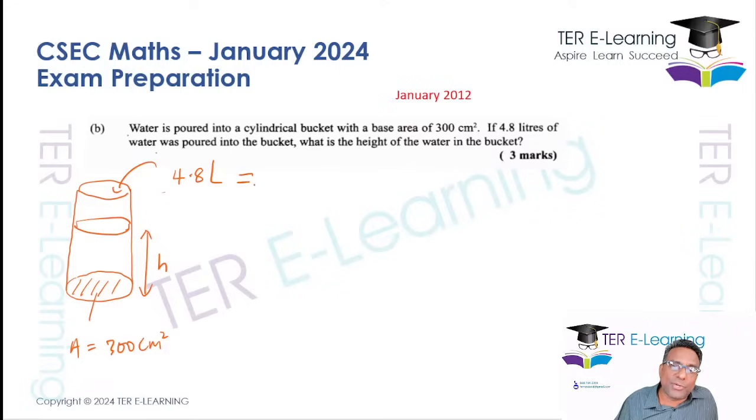Now let me ask you all a question. 4.8 liters, how many cm cube is that? That's the first thing I need to know. How many cm cube do I have in 4.8 liters? What do you all think is the answer for that?